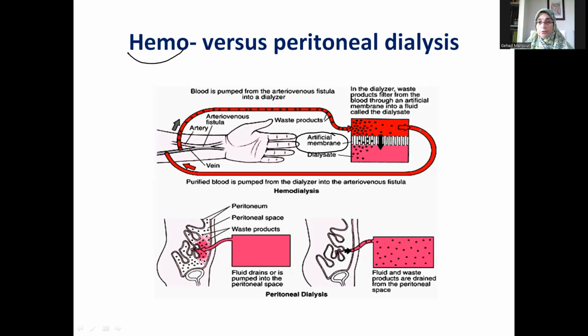That artificial membrane separates the blood of the patient, which you can see above, which needs to be filtered, from a fluid that will help in the process of filtration and purification of blood, which is called the dialysate.